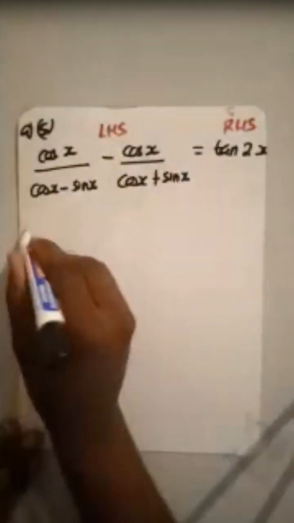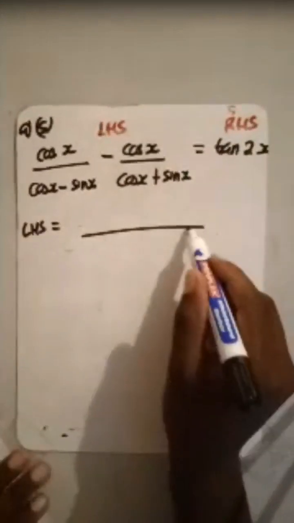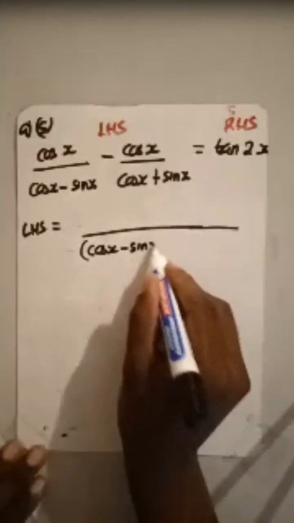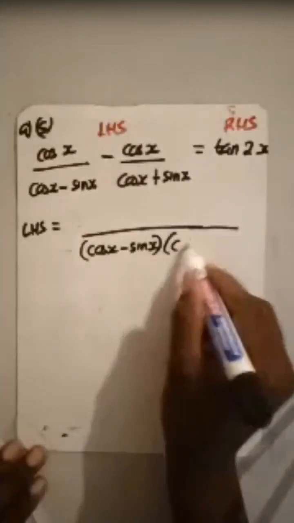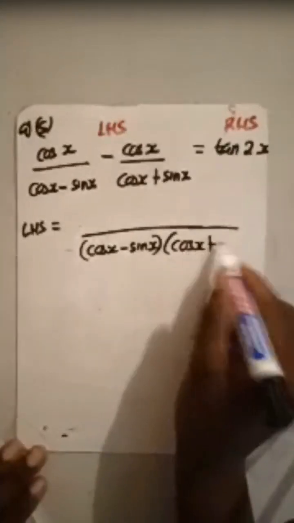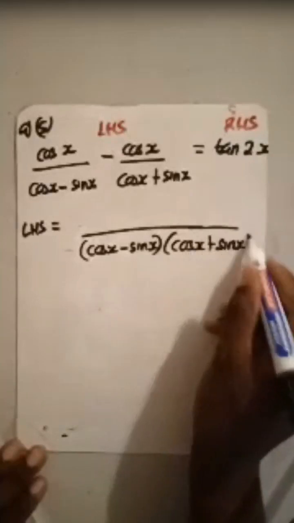I'm not going to write left hand side is equal to because of my space. The left hand side is equal to, and I start with the common denominator. The common denominator is these ones multiplied: cos x minus sine x multiplied by cos x plus sine x.